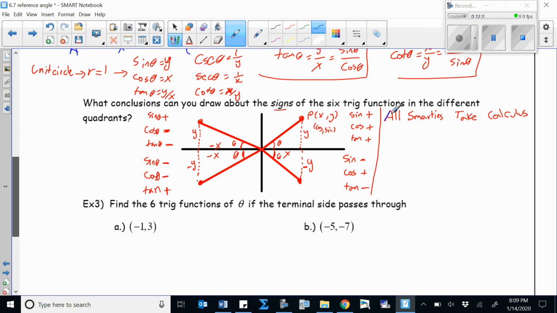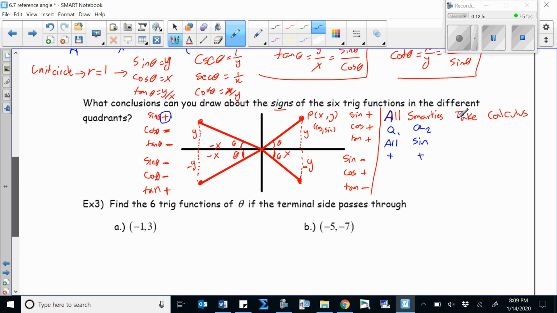All, the first letter of all is A. That stands for all. That means in the first quarter, all the trig functions have positive sign. S for Smarties stands for sine. This means in the second quarter, only sine is positive.